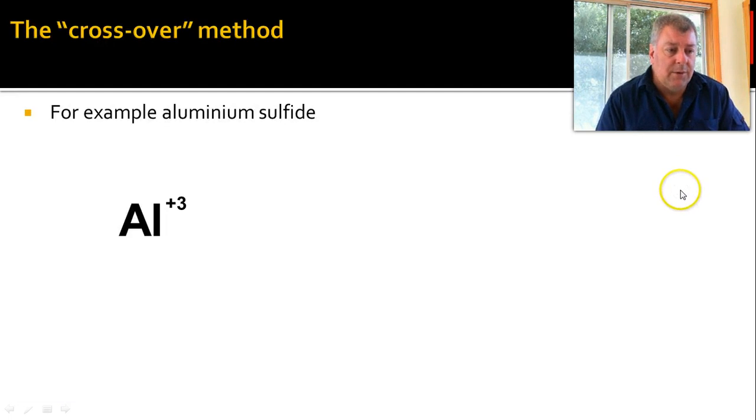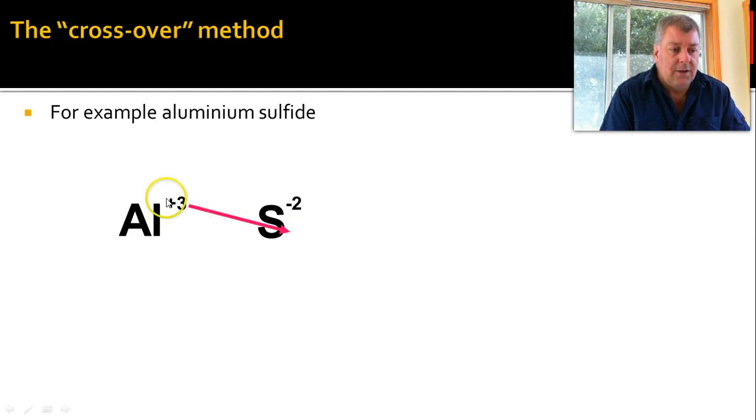So we get our two symbols, aluminium 3+, sulfur -2. Now the crossover method is this. You take this number, +3, and we bring it down to here. We don't need to show the charge anymore, we just bring it down. Now this is part of the process.